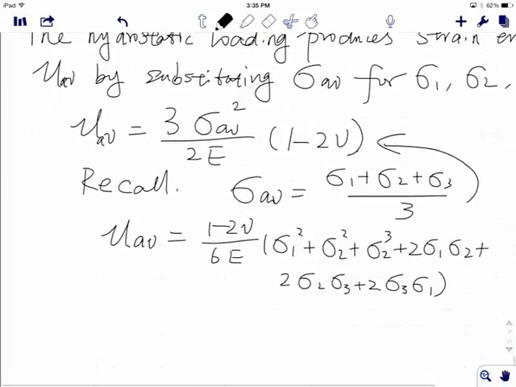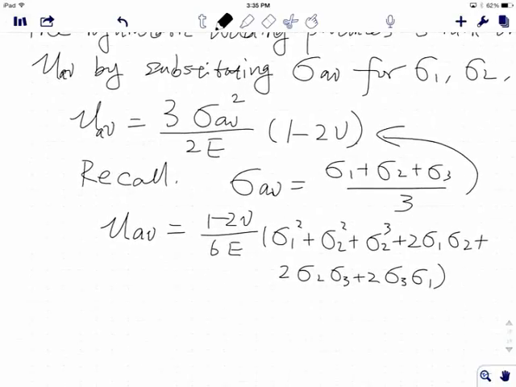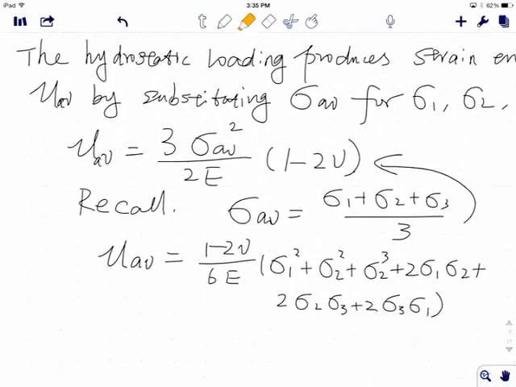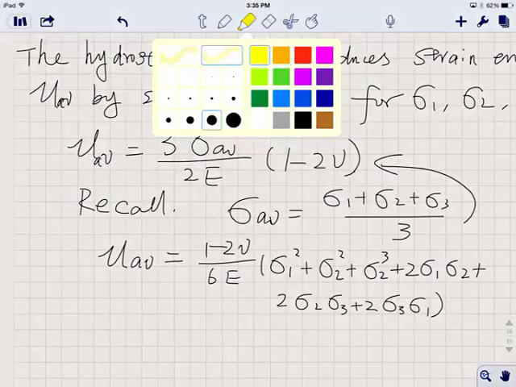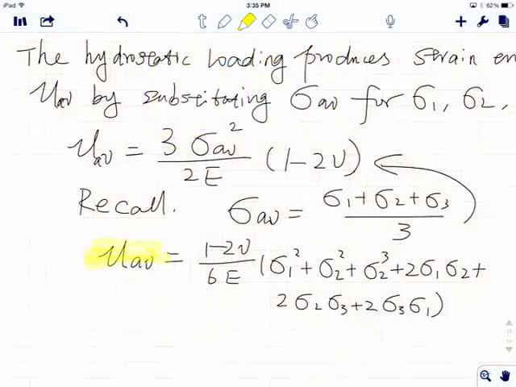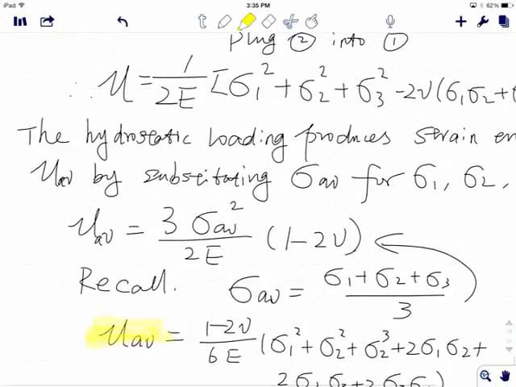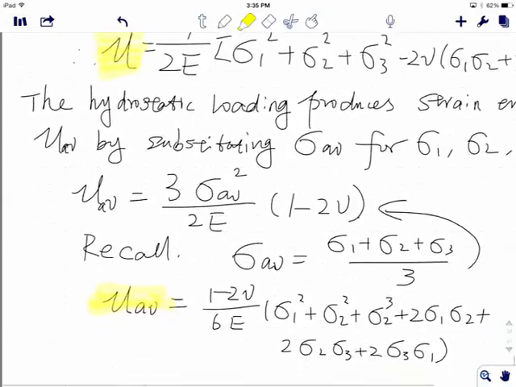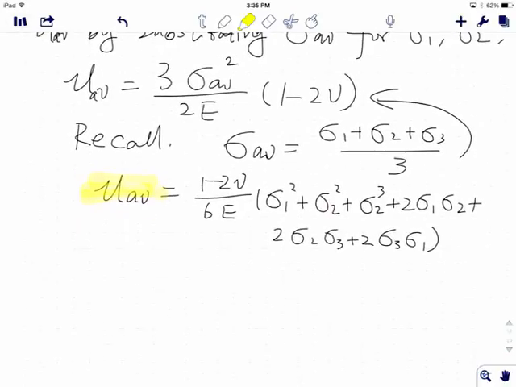Okay, so let's take a quick overview of it. We have strain energy of average. We have strain energy of the first case, right? So remember we said A equals B plus C from a stress point of view, right?